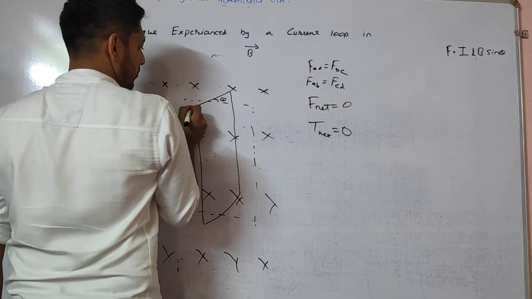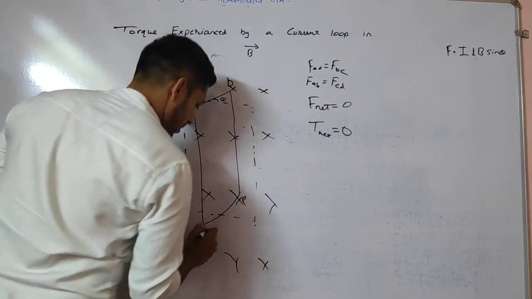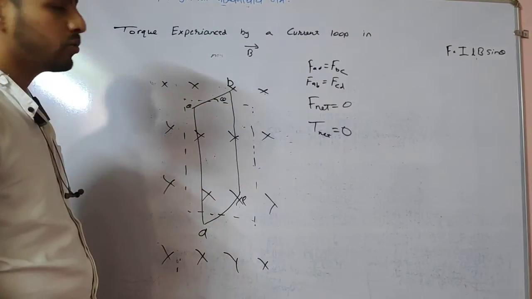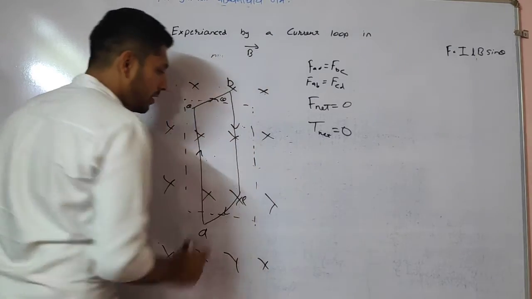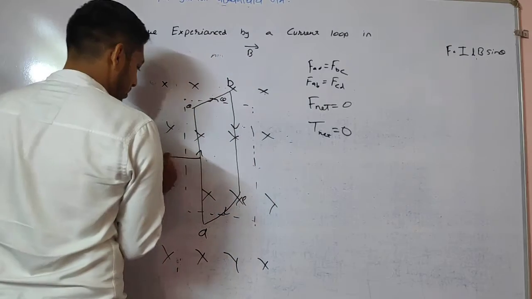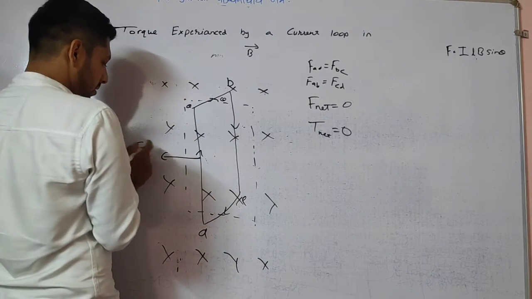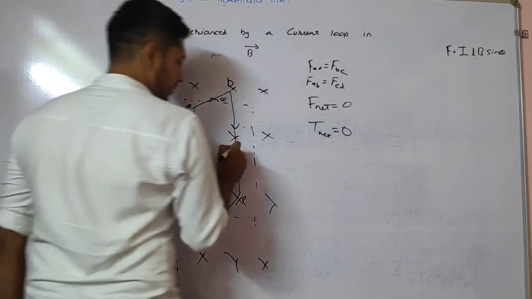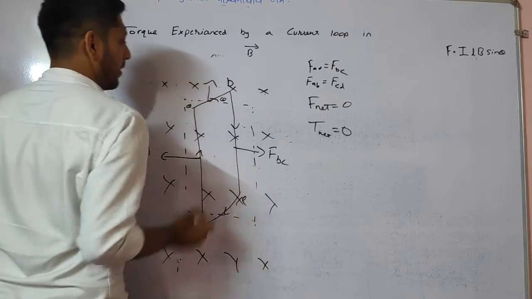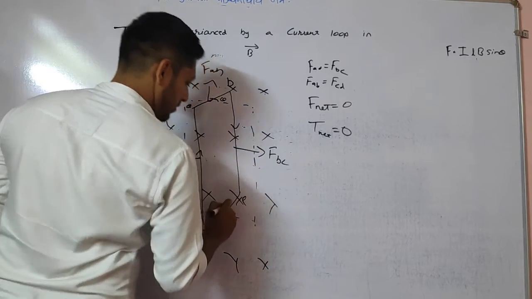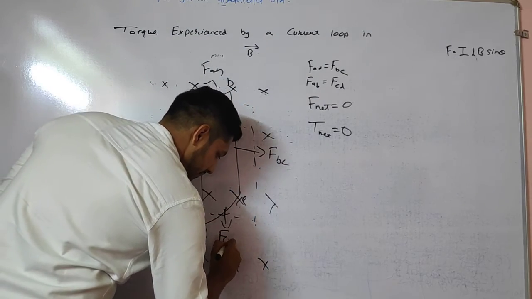Now once again we'll name it A, B, C and D. If we again calculate the forces on it, the force on each side will remain the same: FAD, FBC, FAB, and FCD.